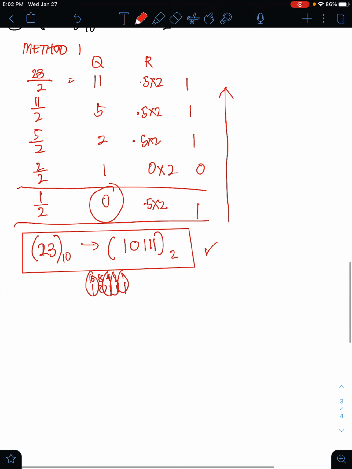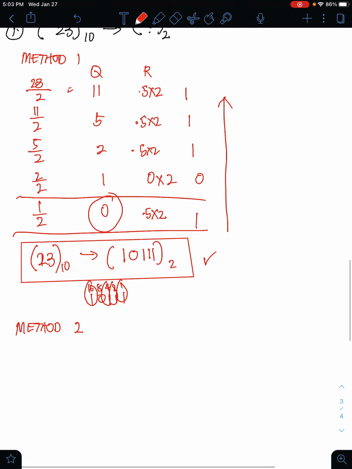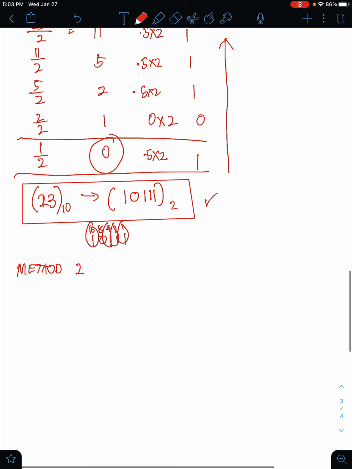Alright, now for method number 2. It is just the same as what we did in method number 1, except that you will write the numbers 1, 2, 4, 8, 16, 32.